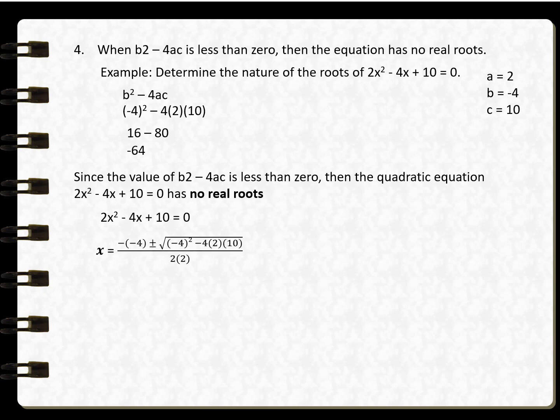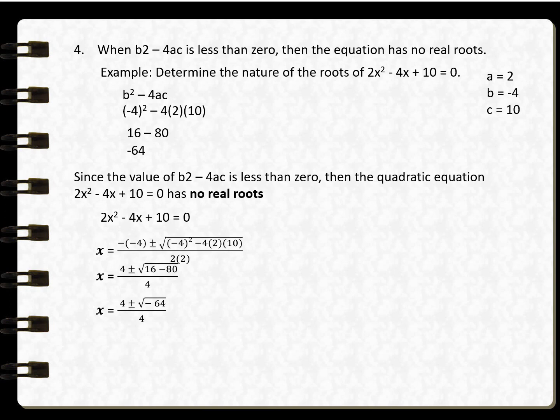So, using quadratic formula, the value of b becomes negative 4. So, minus negative 4 plus and minus the square root of negative 4 squared minus 4 times 2 times 10 all over 2 times 2. Simplify it, that is 4 plus and minus the square root of 16 minus 80 all over 4. And then 4 plus and minus the square root of negative 64 over 4.